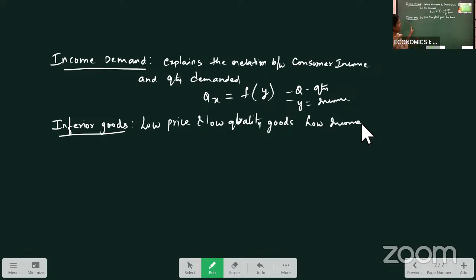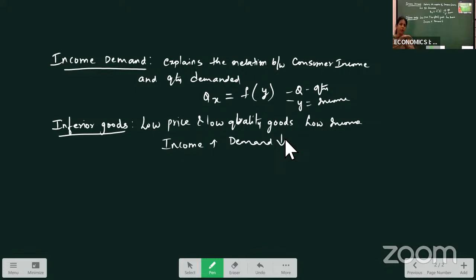For these inferior goods, what will happen? When income increases, demand decreases. Inferior goods means low priced ones. When a consumer's income level increases, we don't prefer more of the low priced goods. For example, when you are a student, your income levels will be less, so you may prefer a normal watch, like a 100 rupees watch.